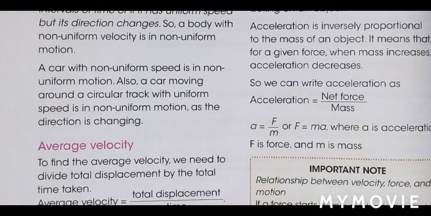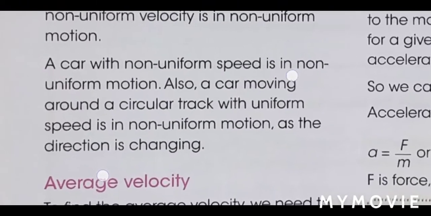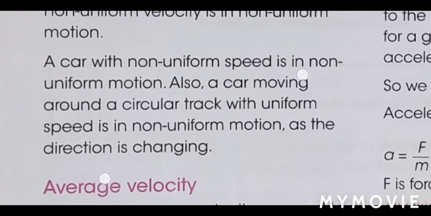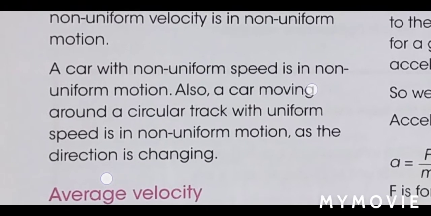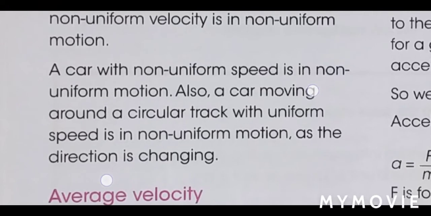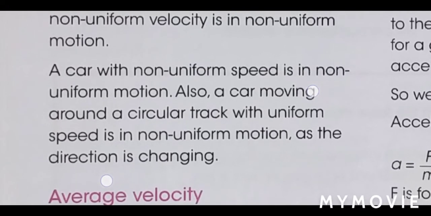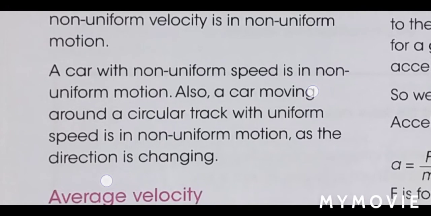If a body is in circular motion, at each point that body or that car or that bus changes direction, so it is having non-uniform motion as the direction is changing.